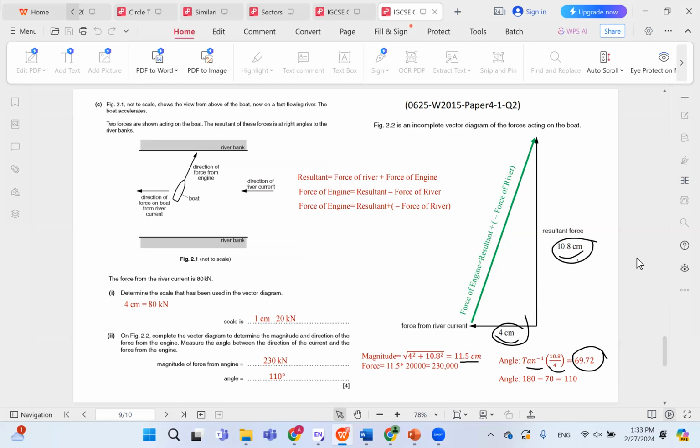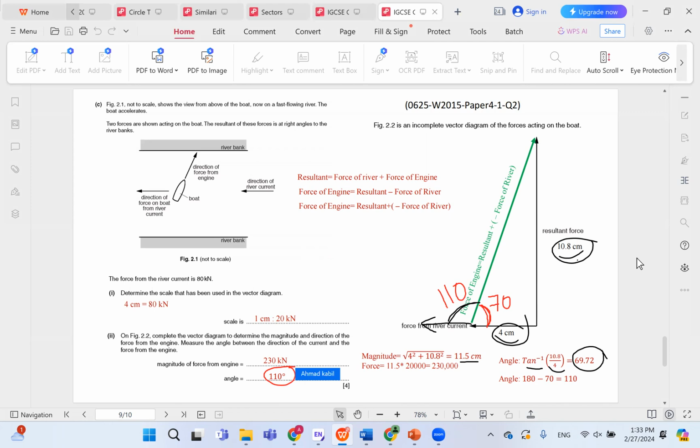However, we want the angle between the direction of the current and the force from the engine. So the force from the engine and the direction of the current actually have this angle between them here. So when we do tan inverse, we're actually getting the angle inside the triangle. And this is approximately 70. So to get the other angle, we would just do 180 minus 70, which is 110. So therefore, the angle between them is 110.